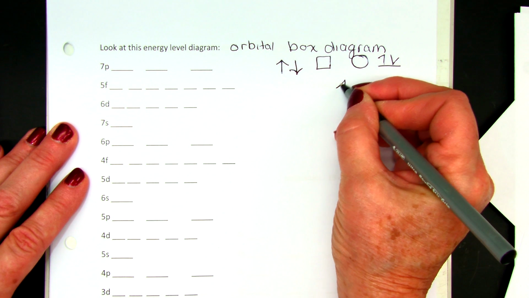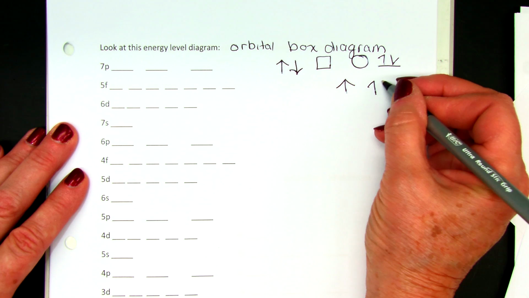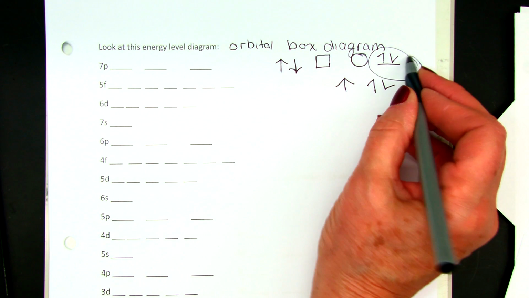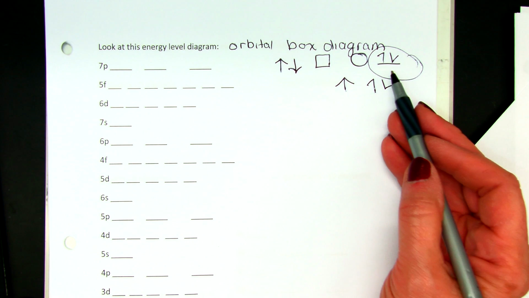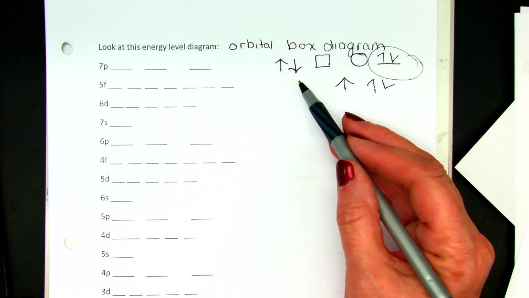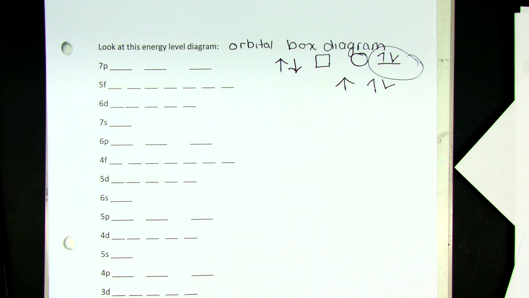I can draw two arrows in four strokes of the pen. It's faster, it's just laziness, but that's how I do it. So this is what you will see me drawing. Whether we're using boxes or circles, or double-sided or single-sided arrowheads, one goes up representing the plus 1/2, the positive spin, and one goes head down representing the negative 1/2, the negative spin.